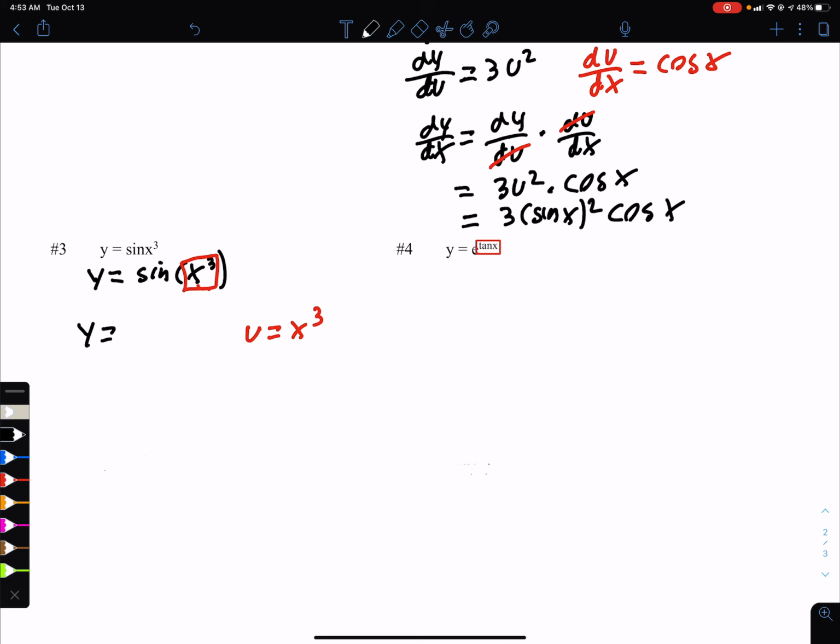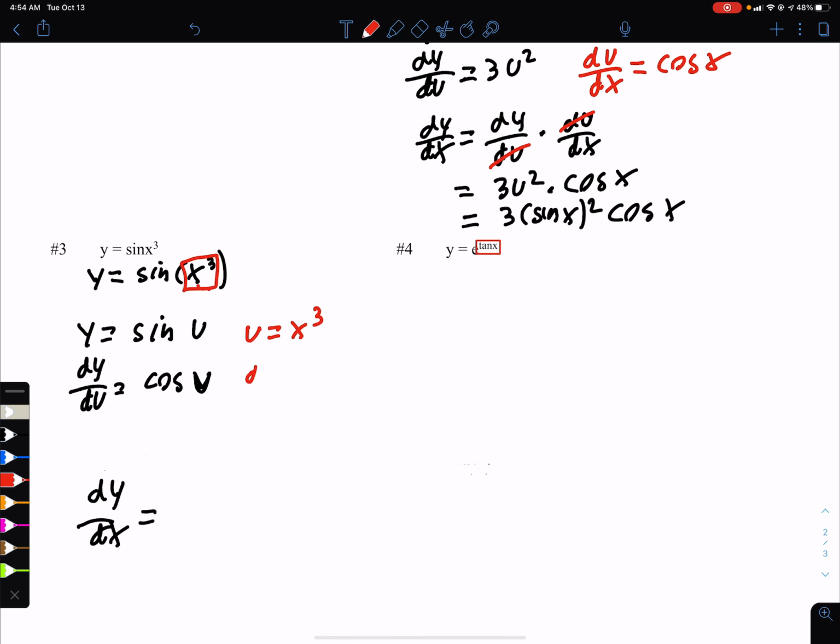So we replace the x cubed with u, so we have sine u. And we want the change in y with respect to x. That's our final goal. If you look at this, we can find dy du, because u is our variable. Dy du would be cos u. And here, we can find du dx, and that's 3x squared.